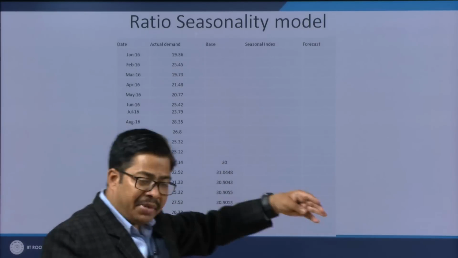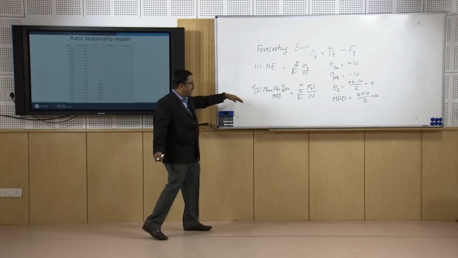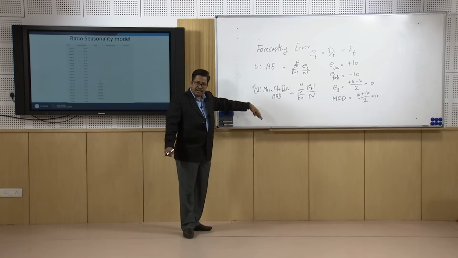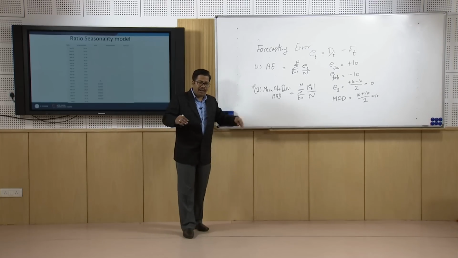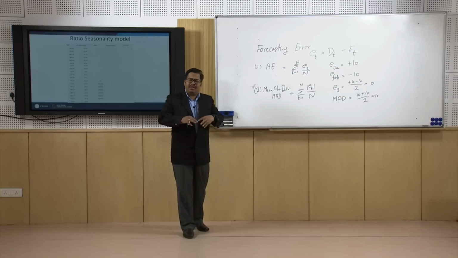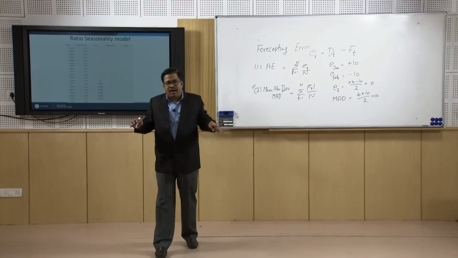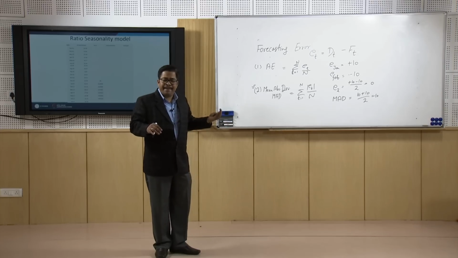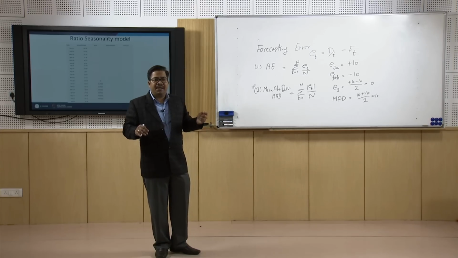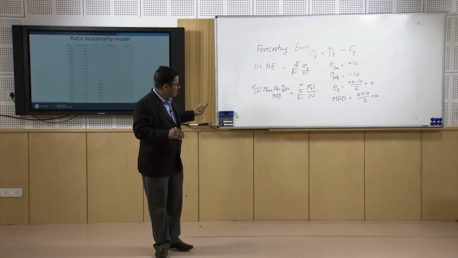If my MAD values are higher, then my model is not appropriate. Some other model may be more suitable in my data. So, with different types of models, I will calculate the MAD value, and whichever model will give me minimum values of MAD, I will select that model for my forecasting purpose.